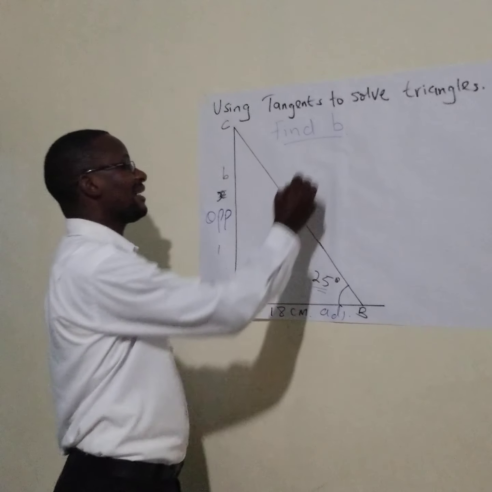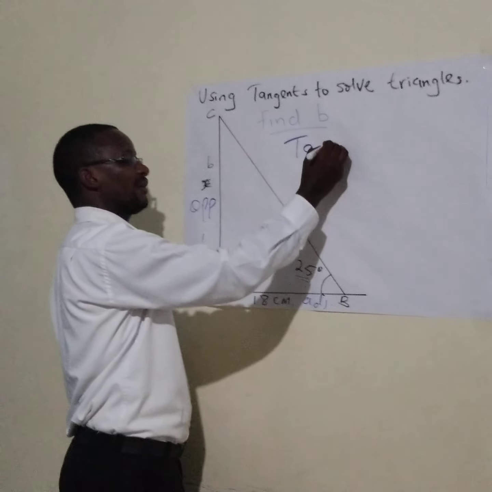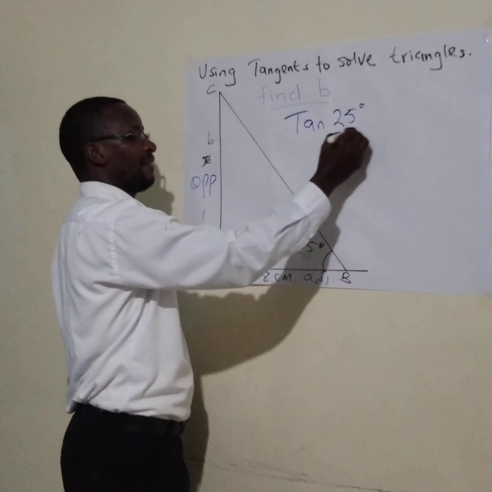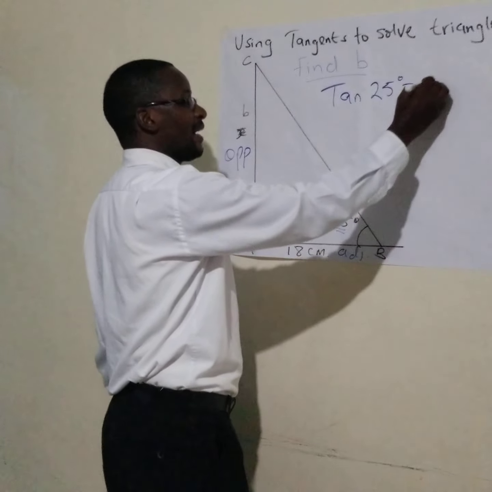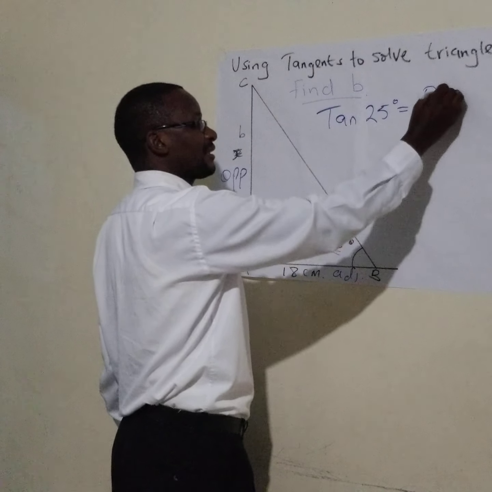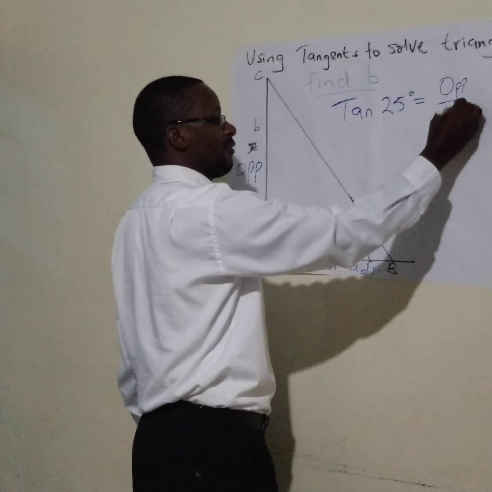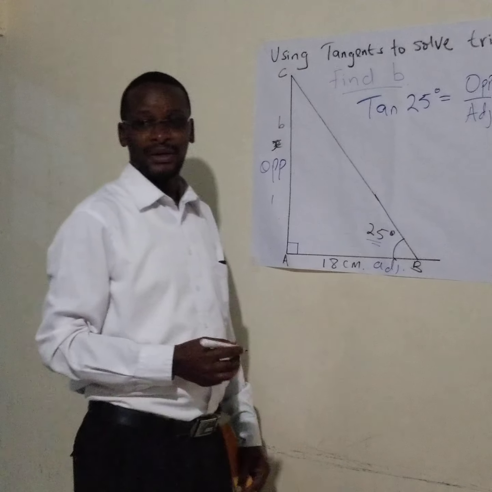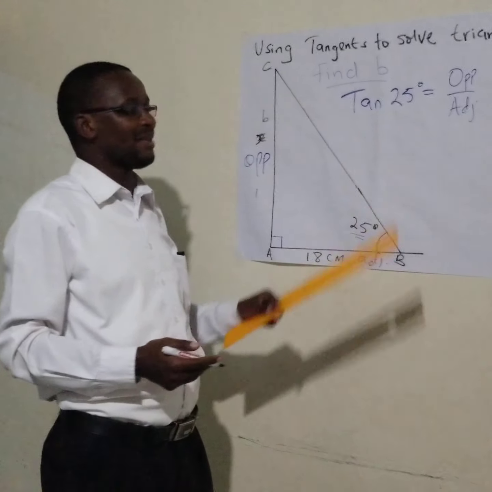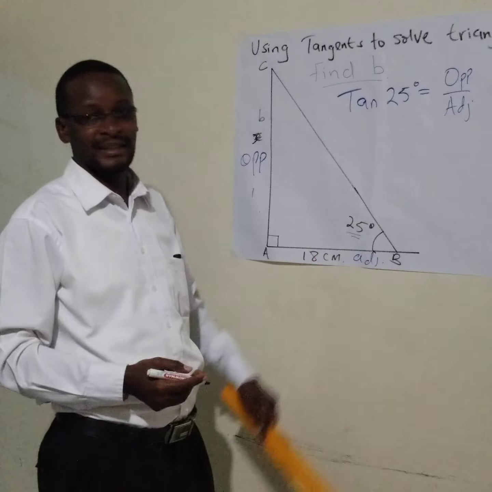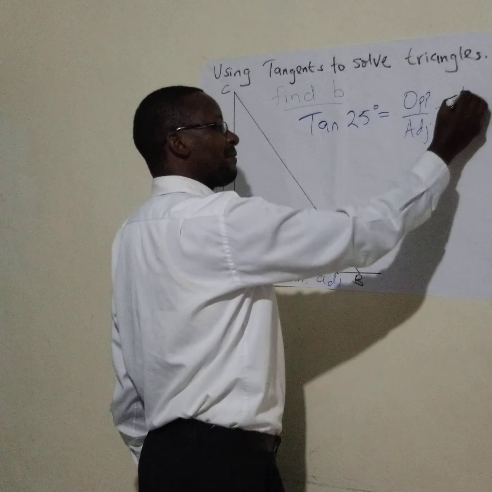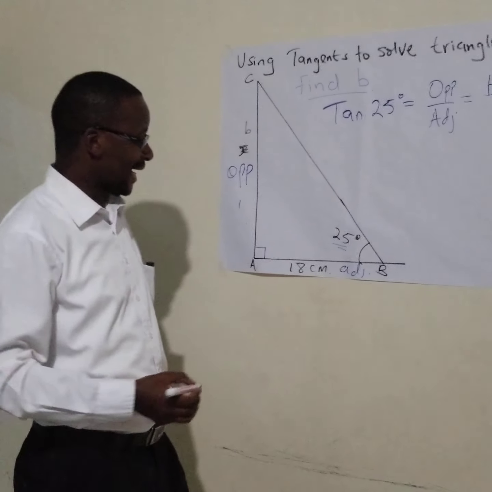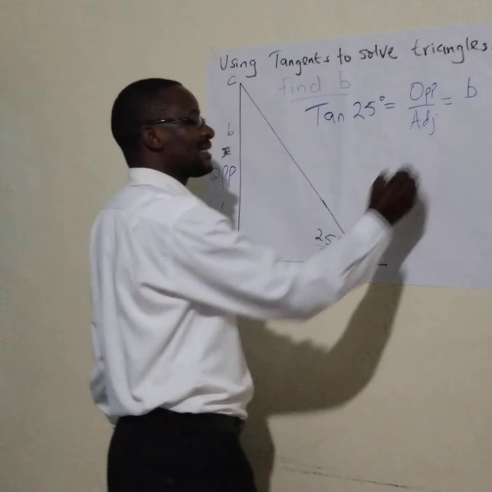Remember we had said that the tangent of an angle, so tan 25, is going to be given by opposite over adjacent. I hope you remember that from our first lesson, where we were looking at what tangent means. It's a ratio of opposite over adjacent. In this case, our opposite is side B, the one we don't know, and our adjacent is 18.